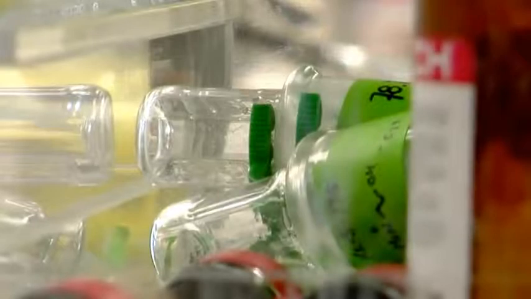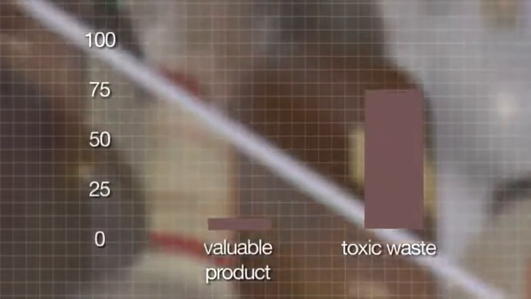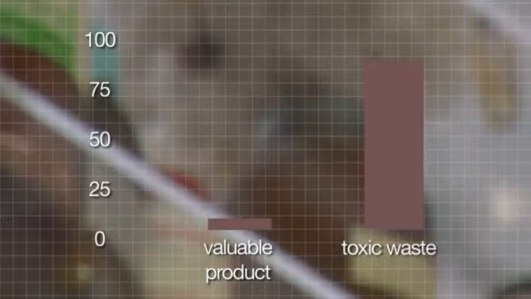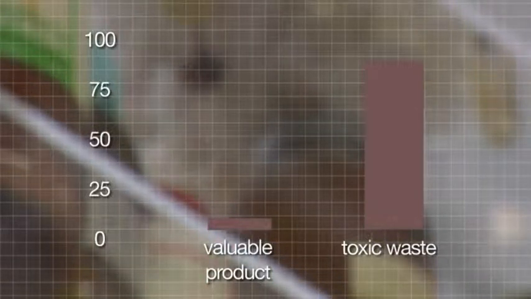97% of everything that we touch, that we do, that we work with in our daily lives has had a chemical process associated with it, or is actually a chemical material. But manufacturing all these products creates an enormous amount of waste. Take, for example, the pharmaceutical industry. For every 1 kilogram of valuable product produced, an average of 25 to 100 kilograms of waste is created, often toxic waste.